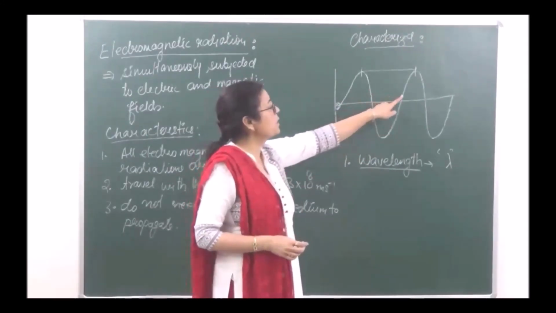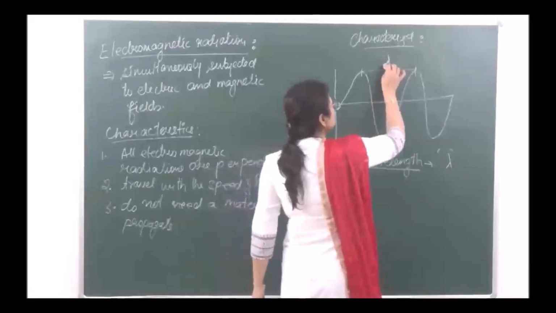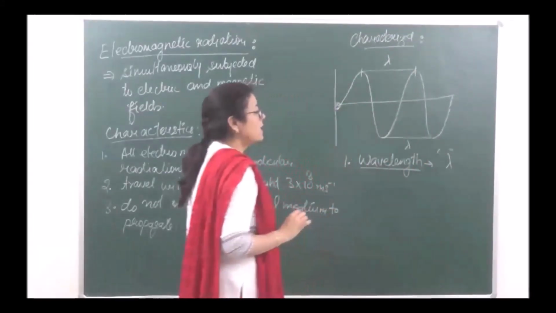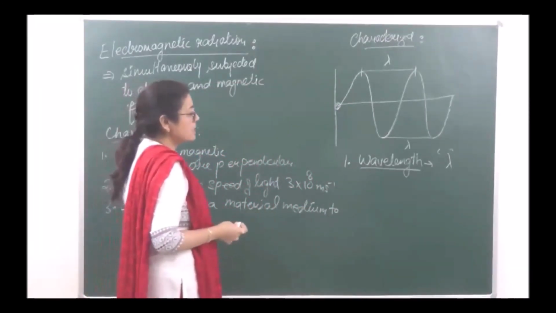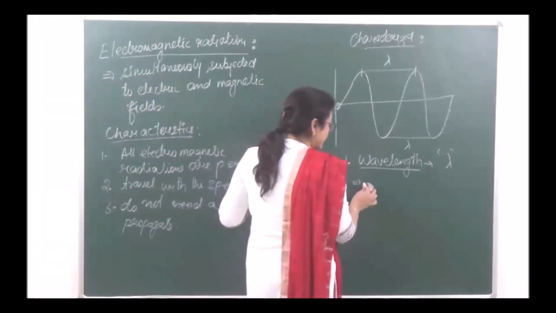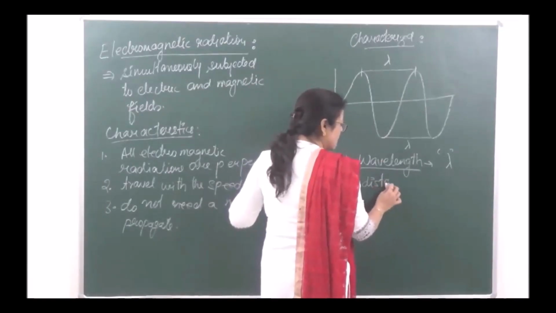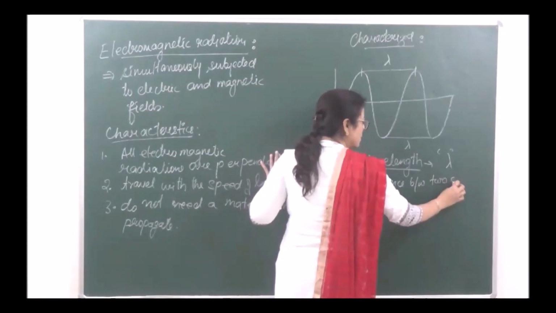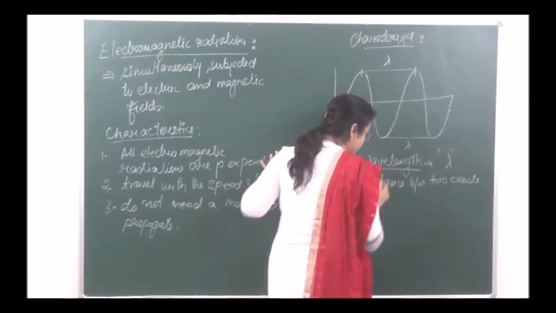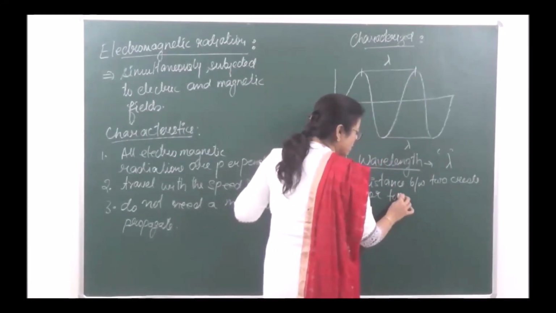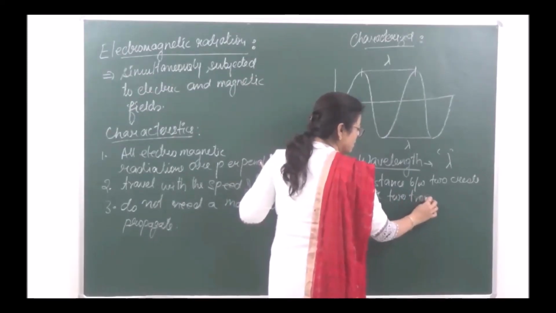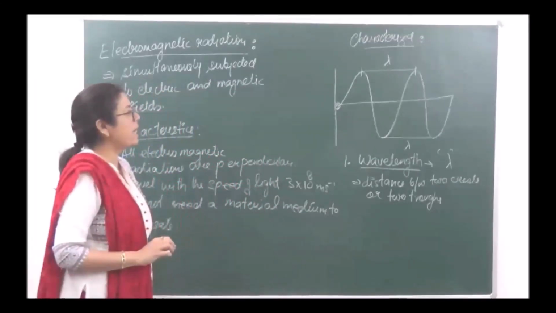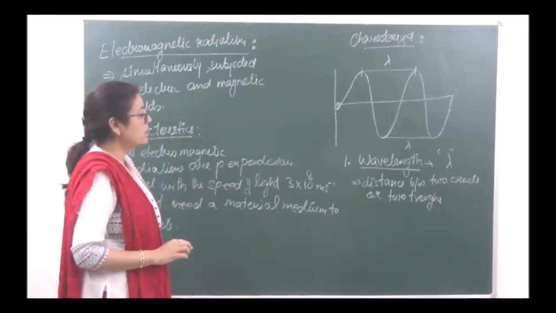So the distance between two crests or two troughs, that is known as lambda or the wavelength.